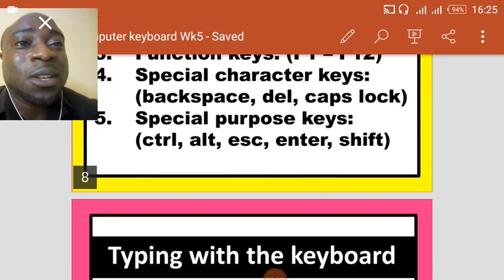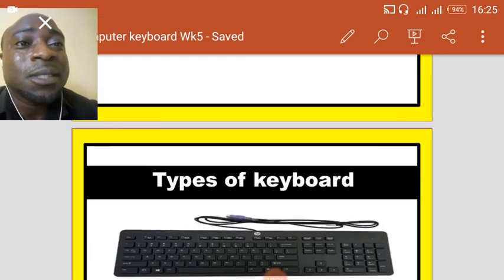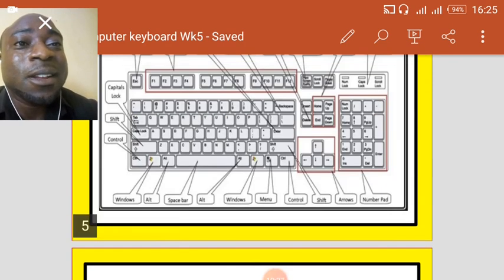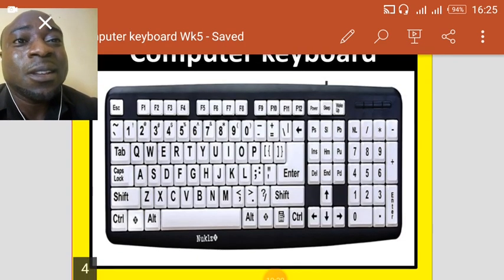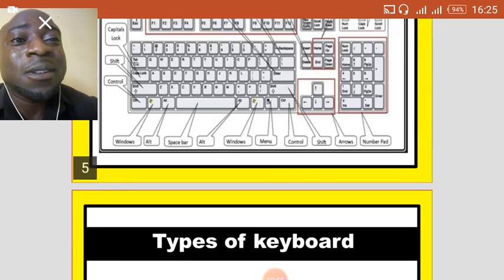Let me show you a keyboard. All right, now look at this keyboard. If you look at the first set of letters, there is QWERTY, and I believe you can see ASDF and JKL and semicolon. So that's the way you position your fingers. So let's go back.